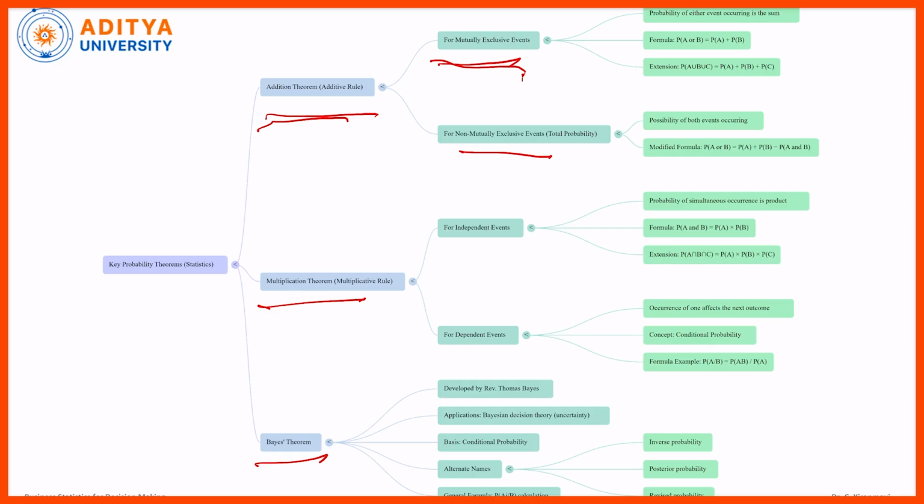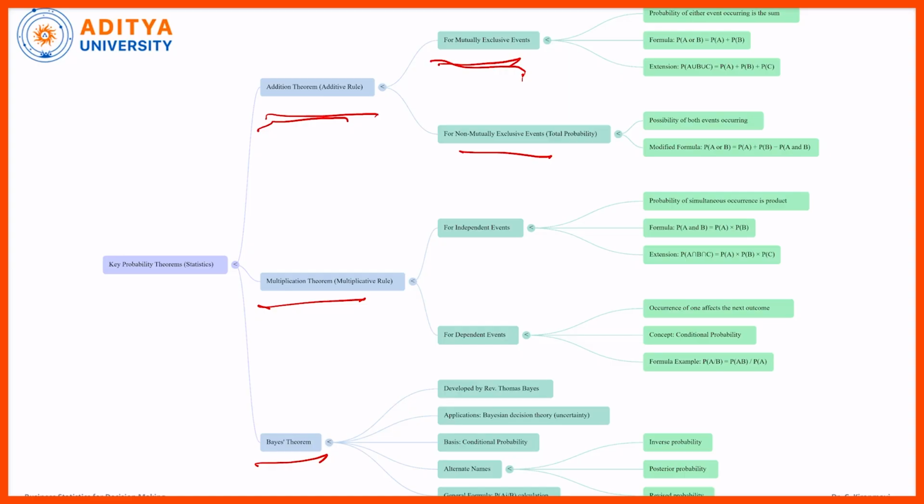The multiplication theorem can be used when events are classified into dependent and independent events, whereas the addition theorem is used when events are classified as mutually exclusive or non-mutually exclusive. What is a dependent event?